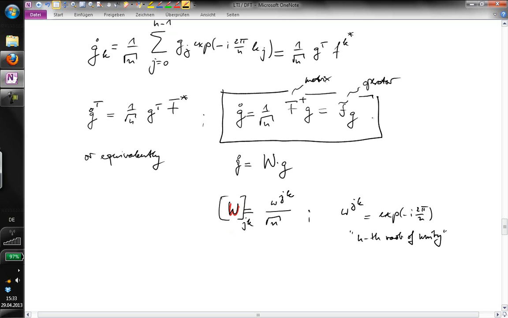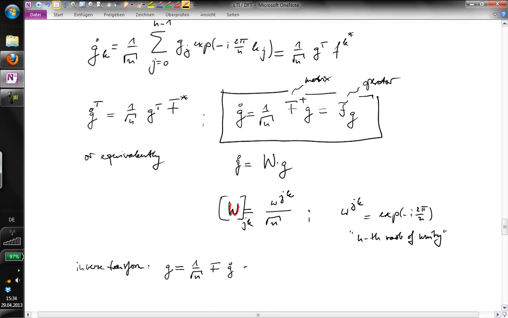And for completeness, let me also write the inverse transform. So G is 1 over square root of n F times G transform.